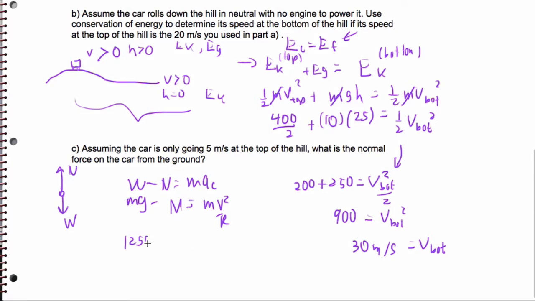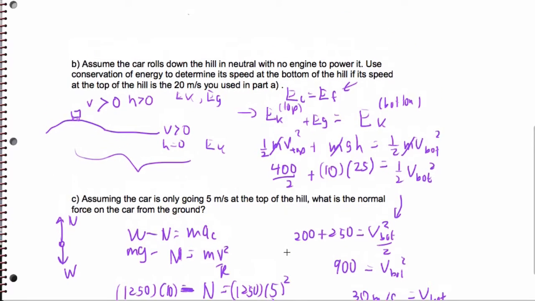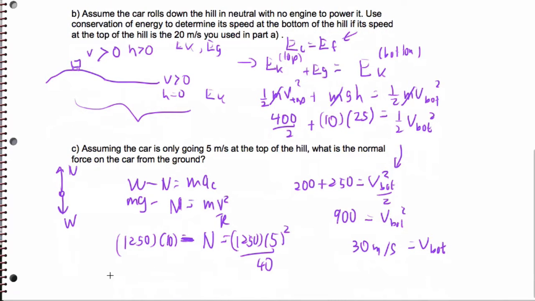So we have 1,250 times 10 minus the normal force equals 1,250 times 5 squared divided by 40.